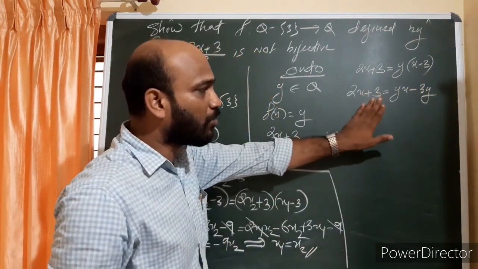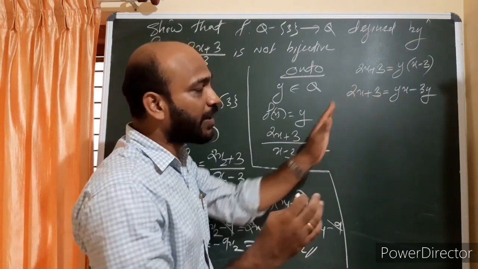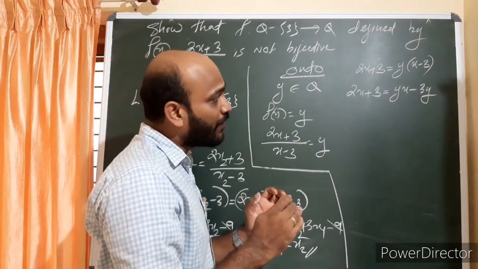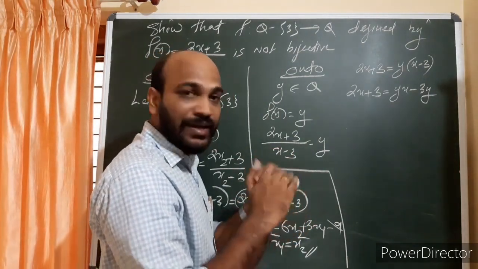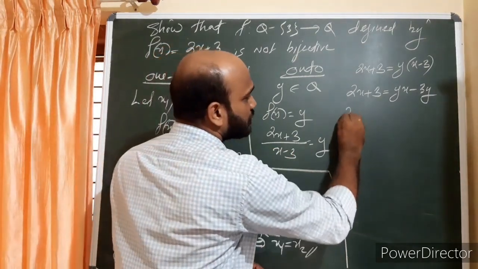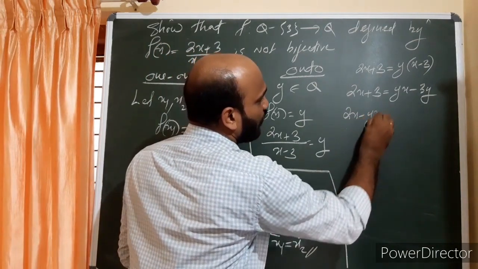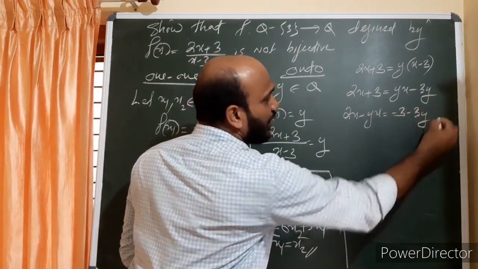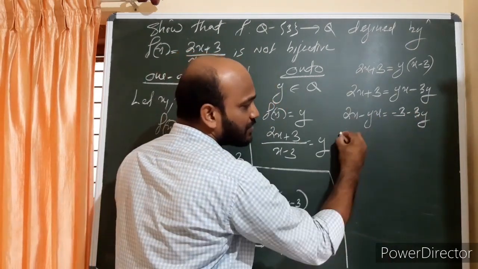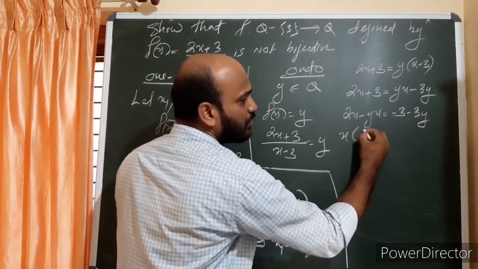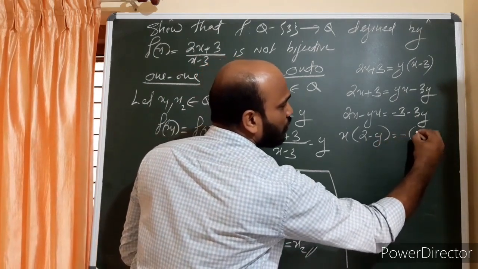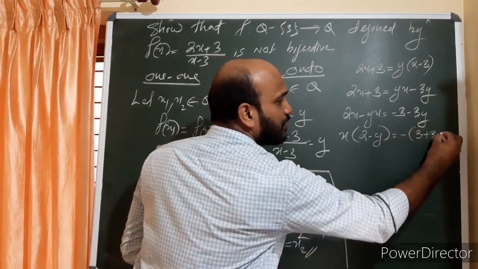Now here there is one important step. After this step you have to take all terms containing x to one side. Then only we can express x in terms of y. So 2x minus yx is equal to minus 3 minus 3y, you will get. Take x from these two terms. x into (2 minus y) is equal to minus of (3 plus 3y).